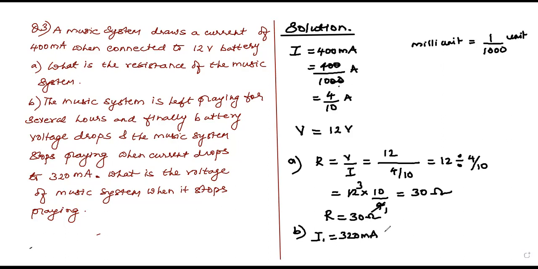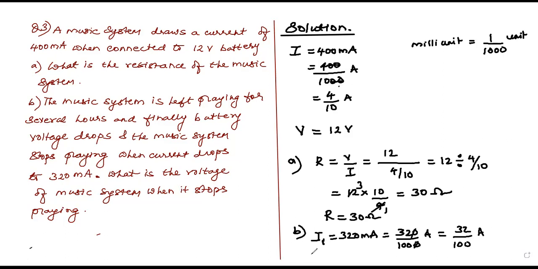At that time, 320 milli, so what do we do again? 320 upon milli, meaning 1000 ampere. 0 cut. So you're left with 32 upon 100 ampere. Then they're asking, what is the voltage of the music system?